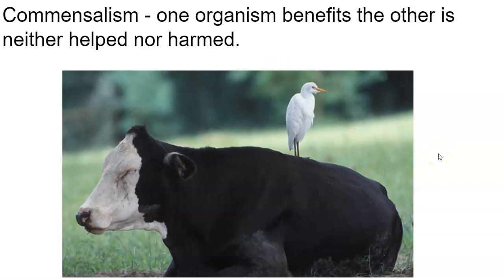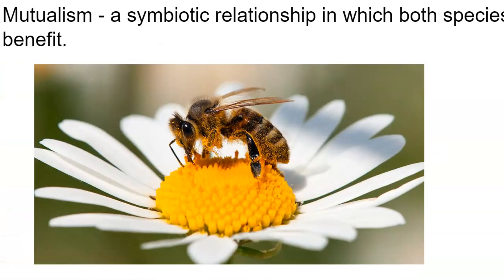Perhaps it's more like mutualism, because I think the cow actually might get a benefit from the cattle egret if it eats some of the ticks that the cattle has. Mutualism here, as it says, is the symbiotic relationship in which both species benefit. So this is the happy relationship where both get something out of it.